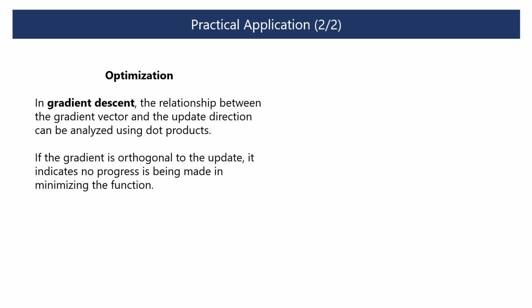Finally, the dot product plays a role in optimization algorithms. In gradient descent, for example, the relationship between the gradient vector and the updated direction can be analyzed using dot products. If the gradient is orthogonal to the update, it indicates no progress is being made in minimizing the function.